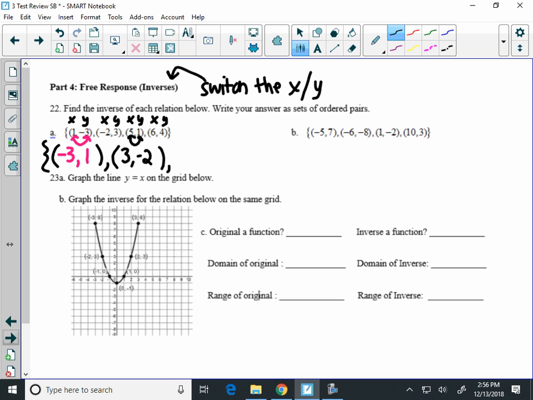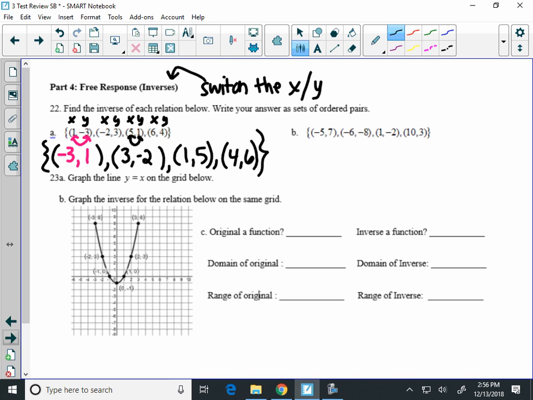Flip the next two. 1, 5, and then 4, 6. You're not changing the sign at all. You're just switching the positions of the x's and the y's. So you can go ahead and try 22b. It's going to be a very similar problem. Then you can check your answers on the last page.